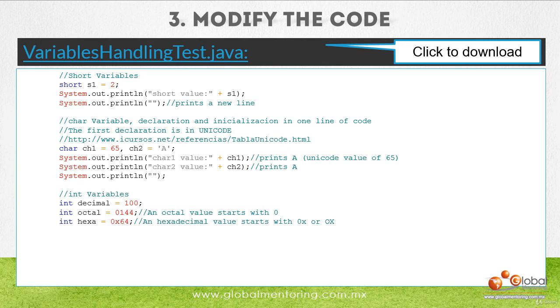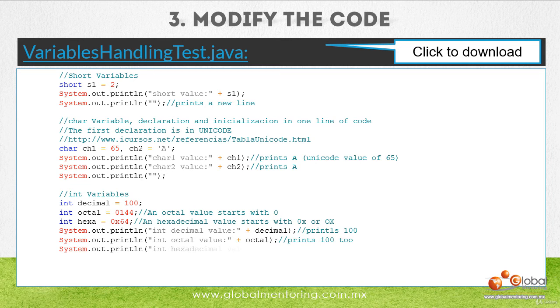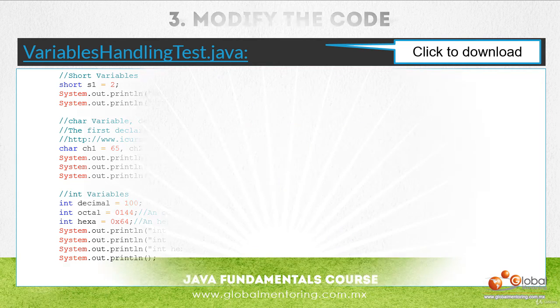We can also work with hexadecimal values. In this case, a hexadecimal value starts with 0x. So we can assign the value of 0x64. In the three cases, it prints 100 in every case, and print a new line.